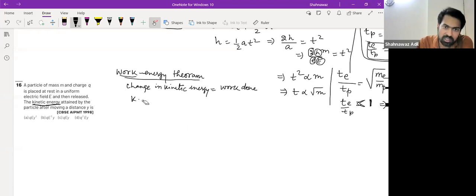K initial was half m u squared, and u is what?